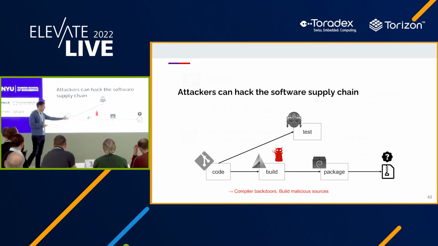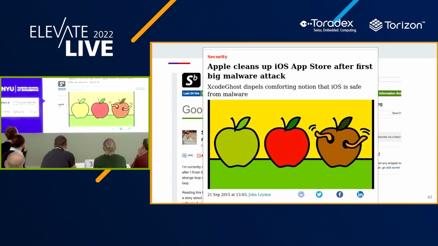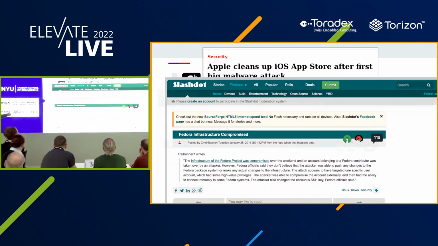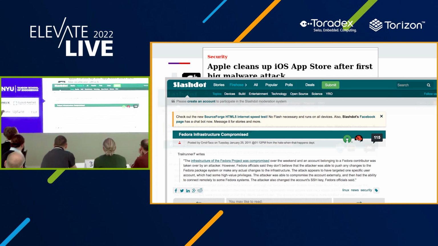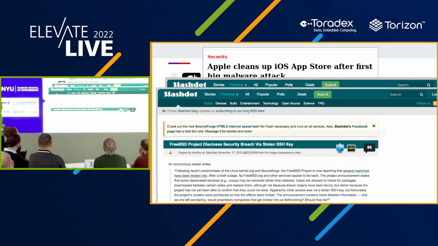People have also broken into build systems repeatedly. There are issues Apple has had with people breaking in and distributing misbuilt things. There's a Fedora example I talked about before.